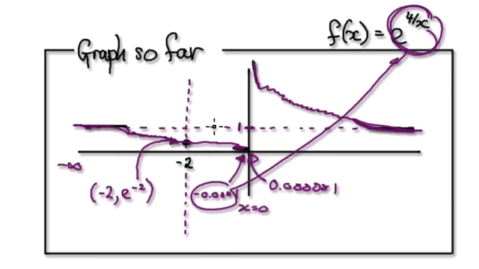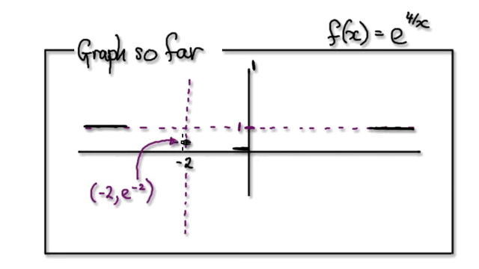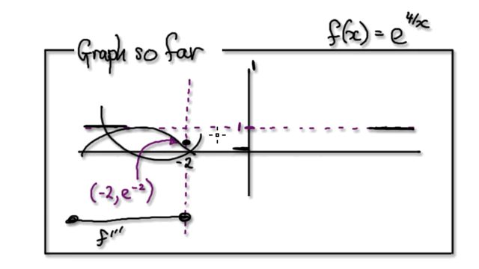In the previous video we discovered this point of inflection right here. So we need to consider the concavity. In this region, we've got to consider f double prime: is it going to concave down or concave up?